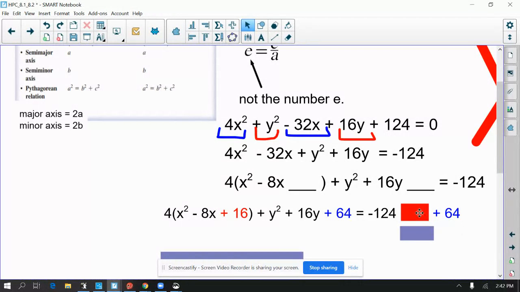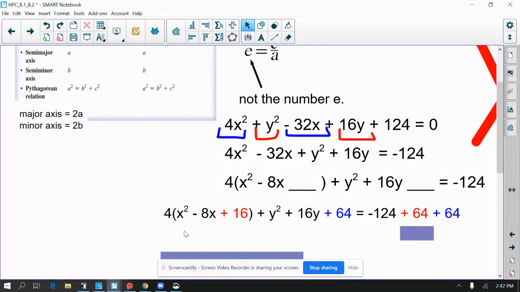But this is not 16. Why not? What is underneath here? I wrote down the number 16, but I did not add 16 to the left side of the equation. I realized I wrote down 16, but I didn't add 16. I actually added 64. Why? Because even though this looks like the number 16, you see how it's in the parentheses?